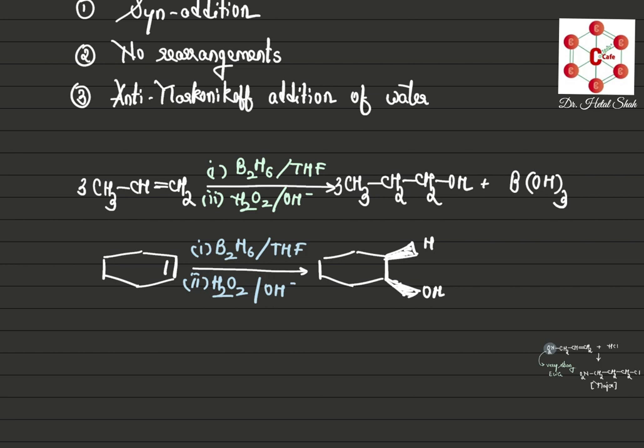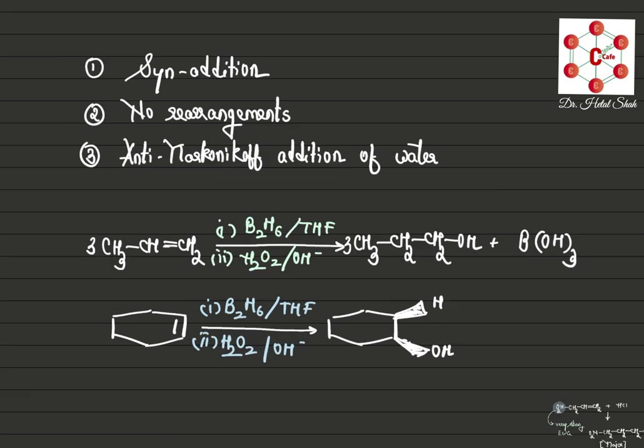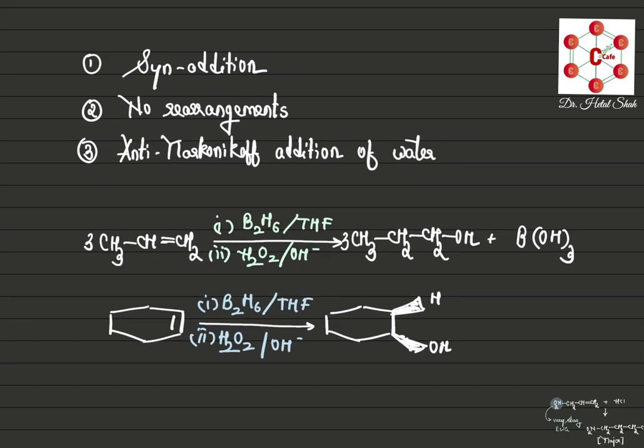All okay? Clear? So 3 things here. Syn addition, no rearrangements, anti-Markovnikov addition of water. Now here, if you properly understand, where did this H come from? Where did this H come from?